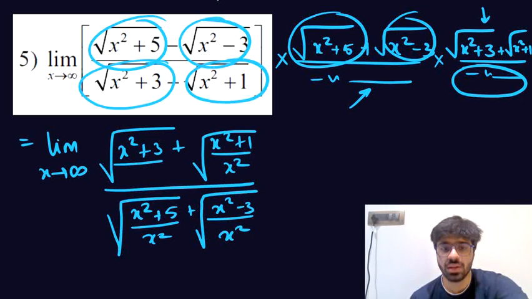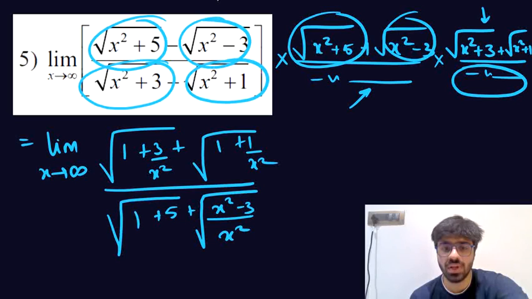Split the terms again in the roots. So it will be 1 plus 3 upon x square. It will be 1 plus 1 upon x square. It will be 1 plus 5 upon x square and 1 minus 3 upon x square.